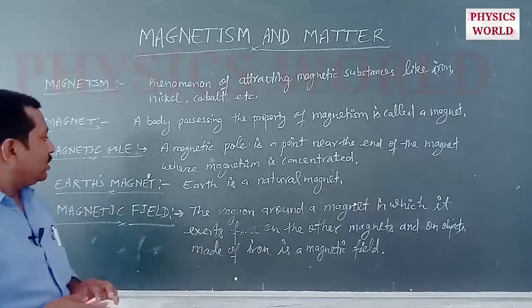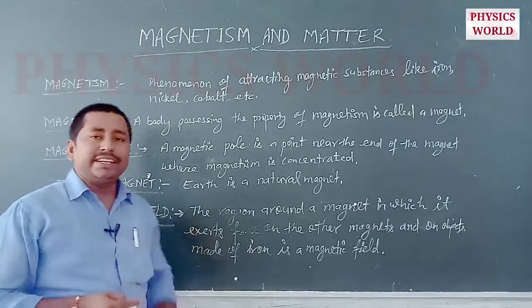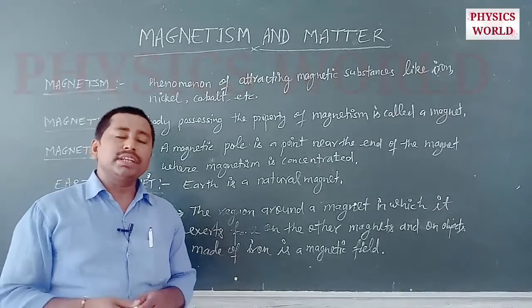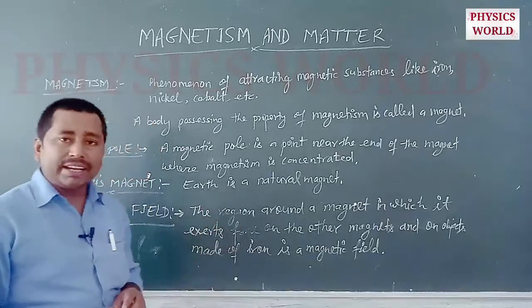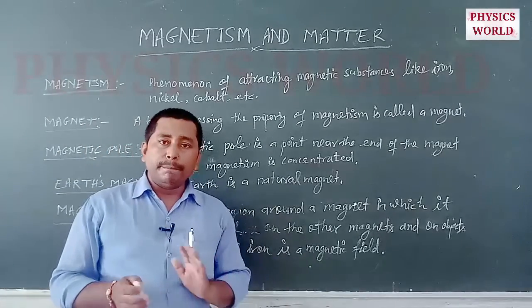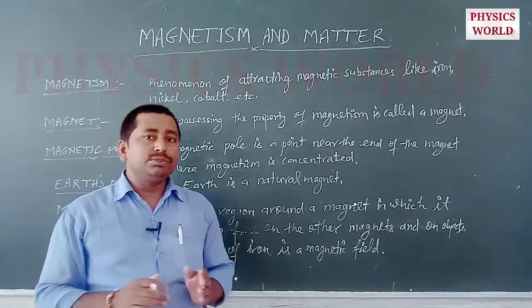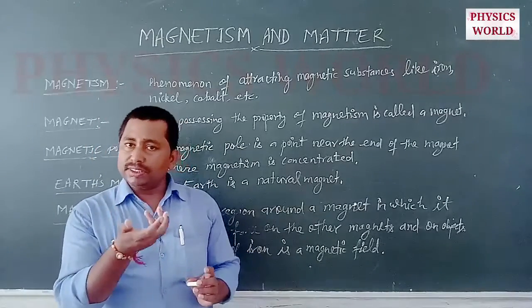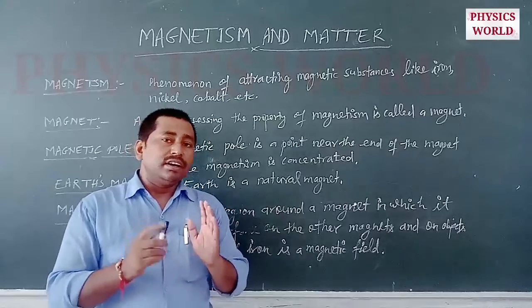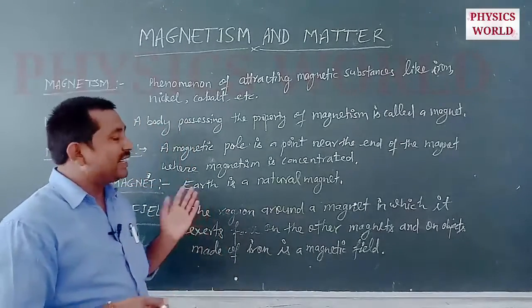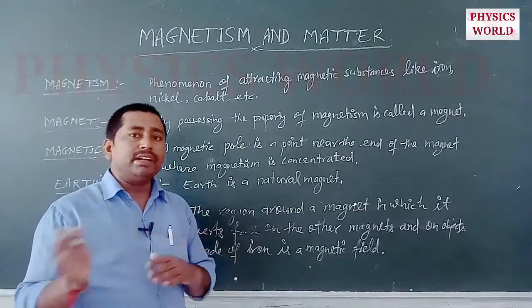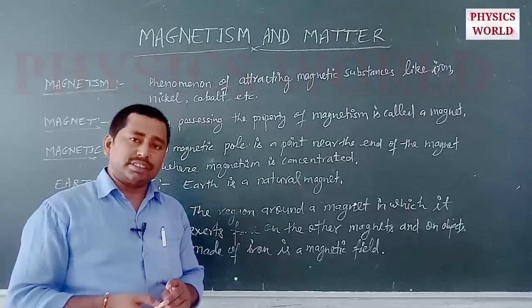Now what is the Earth's magnet? As we know, Earth is a natural magnet, and the magnetism acquired by the Earth is due to the rotation of Earth and the liquid form of the nickel and iron present in the inner mantle of the Earth.